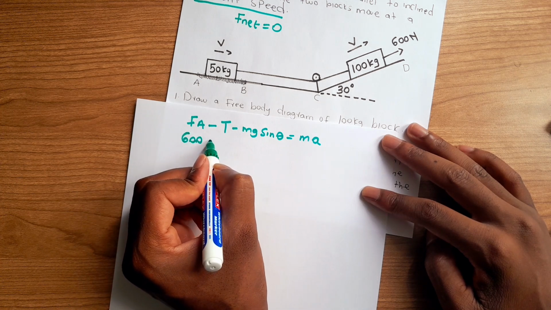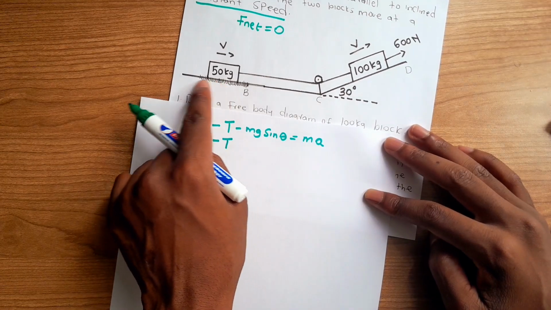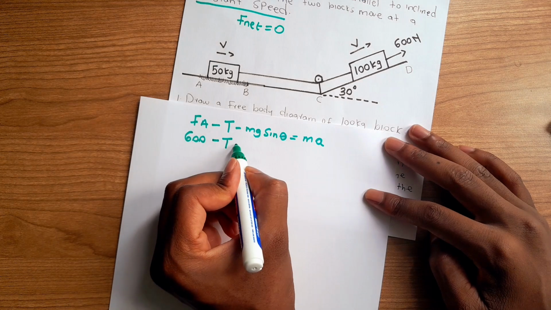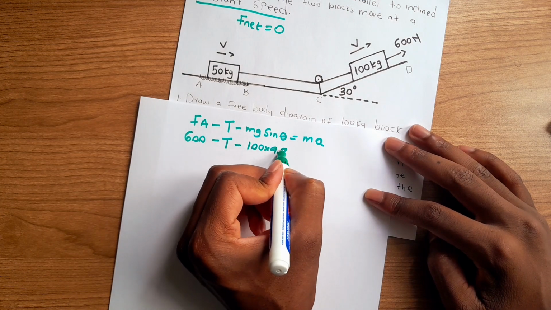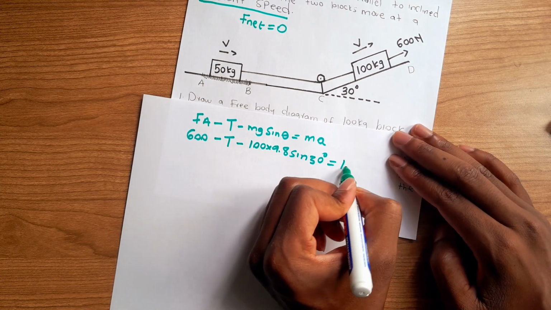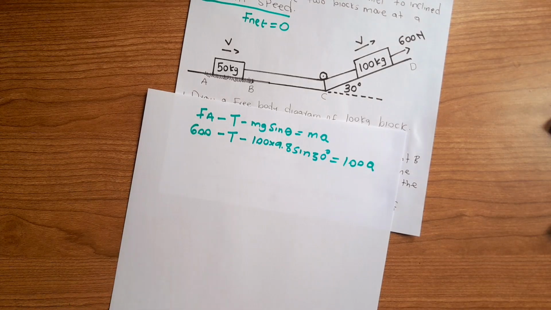Let me just say minus T, because we no longer have friction, the magnitude of tension might have changed, right? And then minus the value of m, it's 100 times 9.8, the sine of 30 degrees, and mass 100 and a, right? Let me hit this inside the calculator. 600 minus 100 times 9.8, the sine of 30.